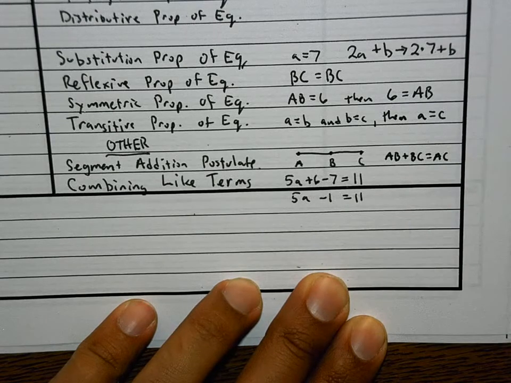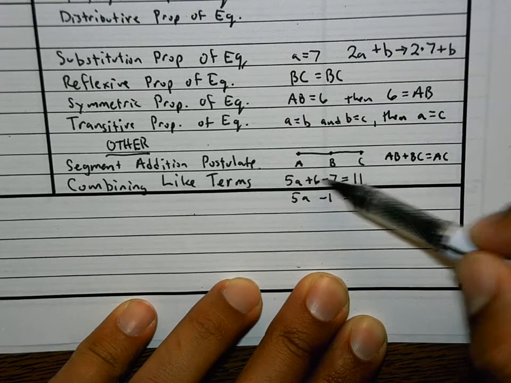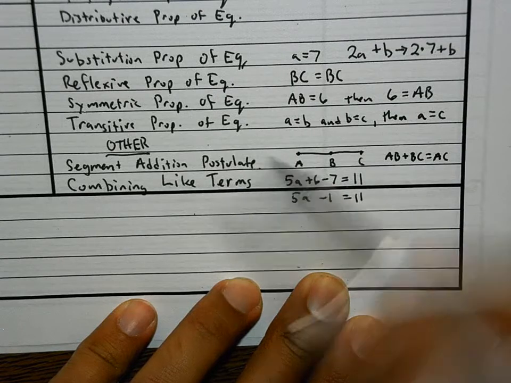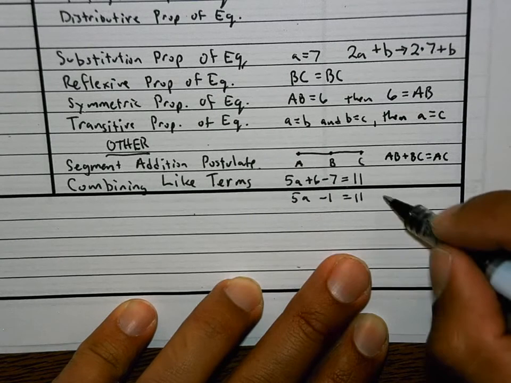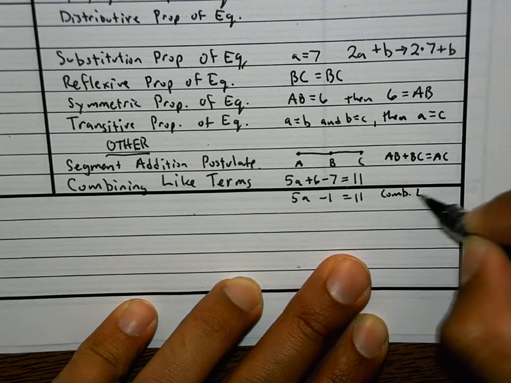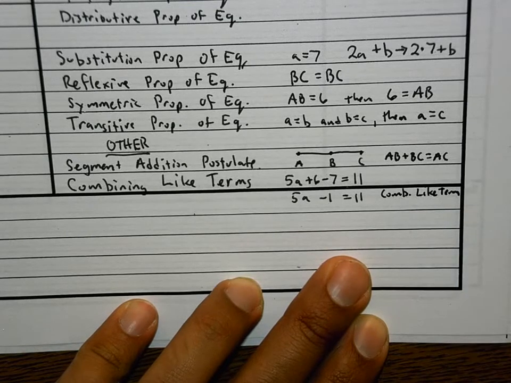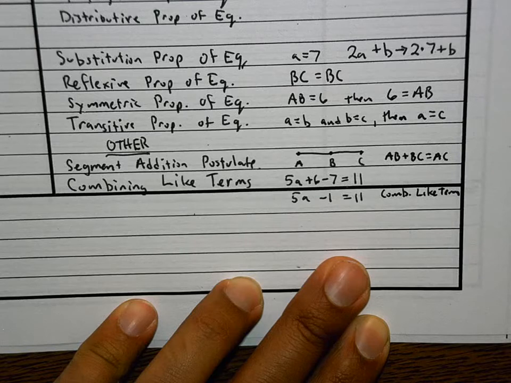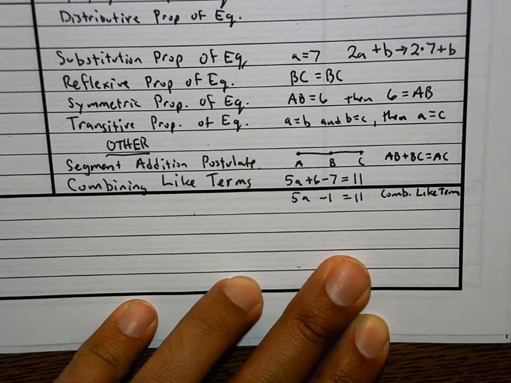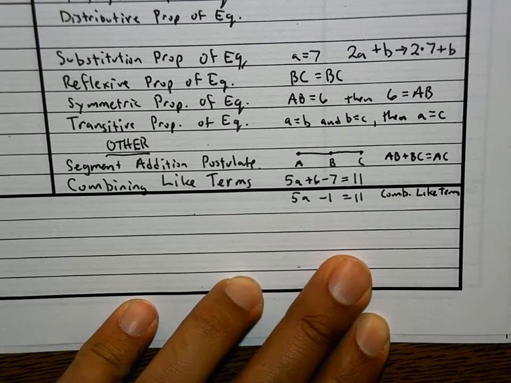What's the reason you can put the 6 and the negative 7 together? We call that combining like terms. Some people call it simplifying. If you want to write simplifying for combining like terms, I would accept it. But the mathematical reason is combining like terms is technically the distributive property for anybody who's super advanced. That's the reason why.